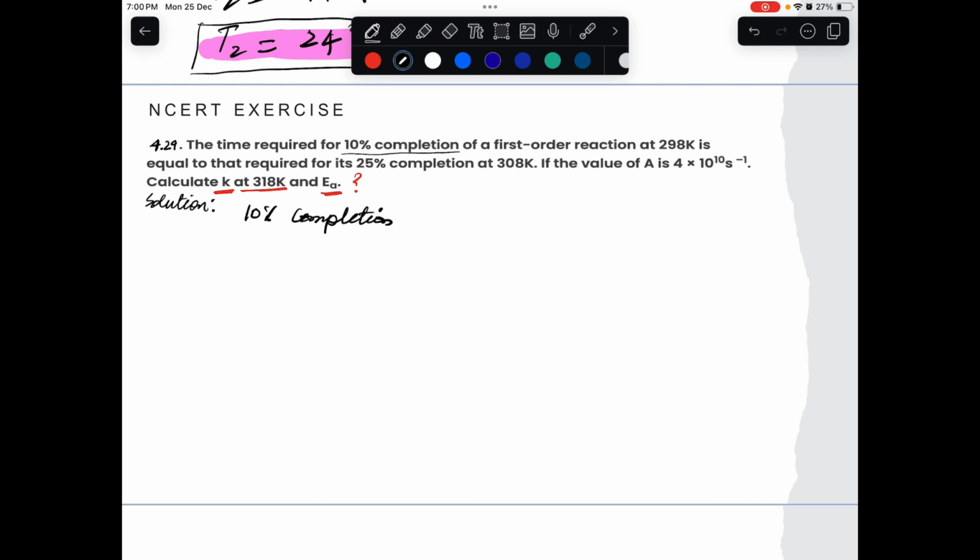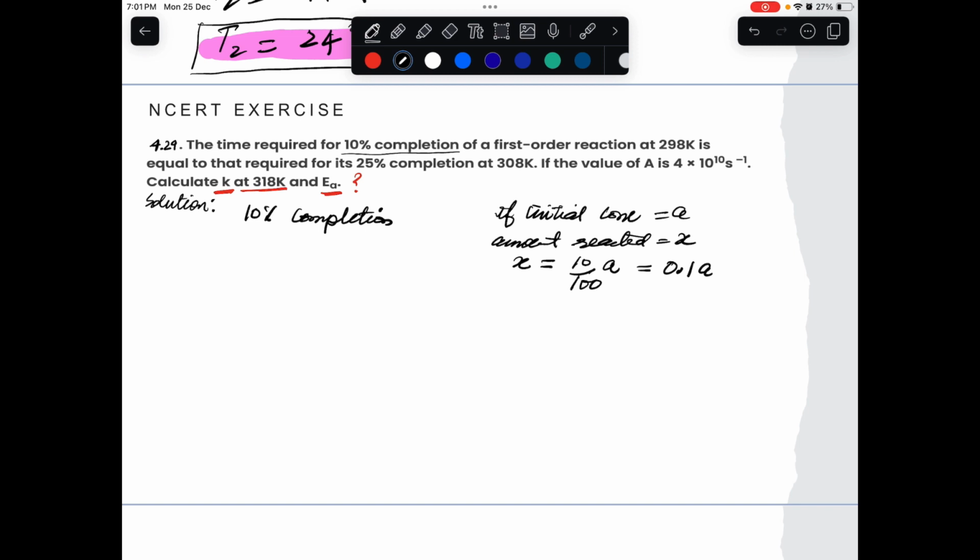So initially, suppose the initial concentration or the amount is A, and the amount reacted is suppose X. So this X is equal to 10 by 100, that is 10% of the initial amount, which is A. So this is equal to 0.1A. So the amount reacted is 0.1 times the initial amount.